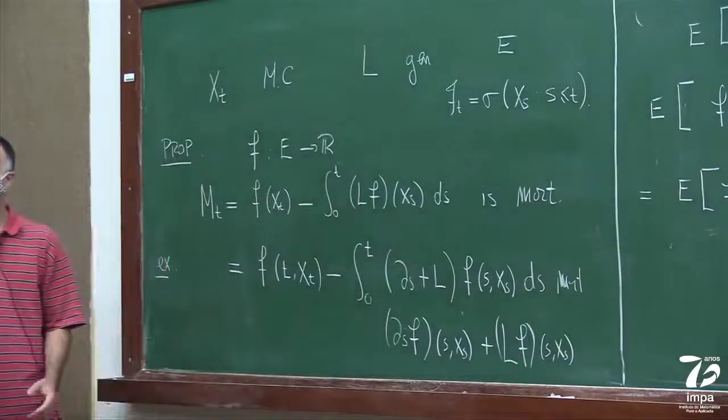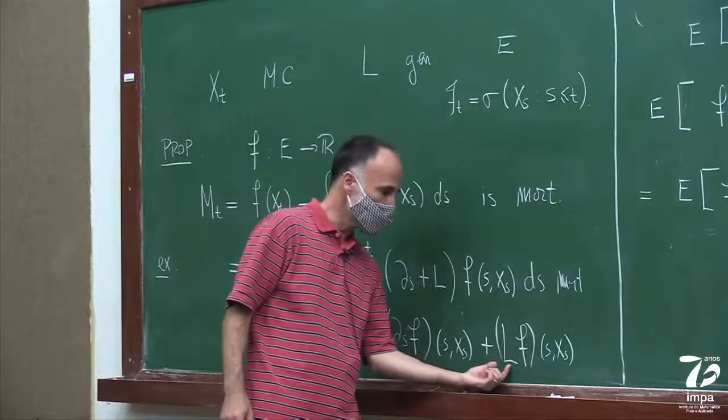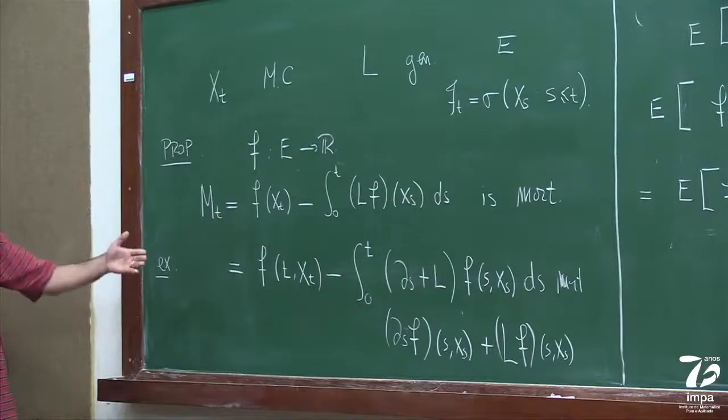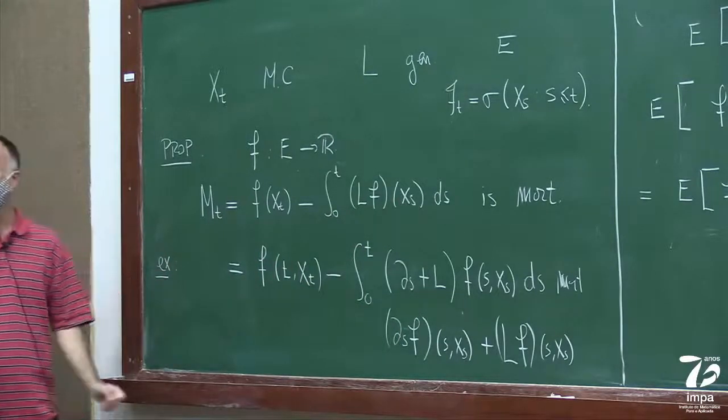So time is fixed, it's a function of position, and you're computing the generator applied to this function. And I say that with the same proof, you can show that this is a martingale.